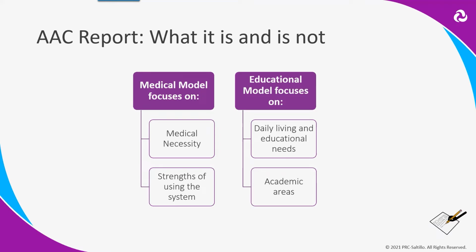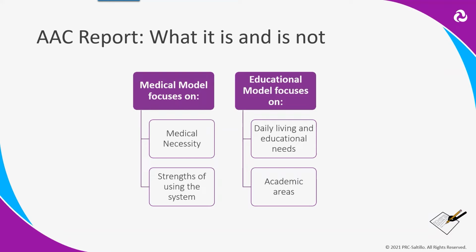We are writing for a different purpose, for a different reason. We're not trying to qualify somebody for services or state that they meet this disability category. We're trying to get a picture of medical necessity for a speech generating device. So we need to be looking at the strengths of our client or our student who's using that system and how the system could meet their needs. So we're going to be looking at more the medical model of writing a report versus an educational model where we're sometimes looking at the daily living and educational needs or the academic areas.